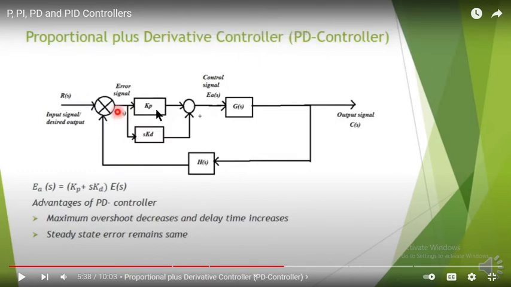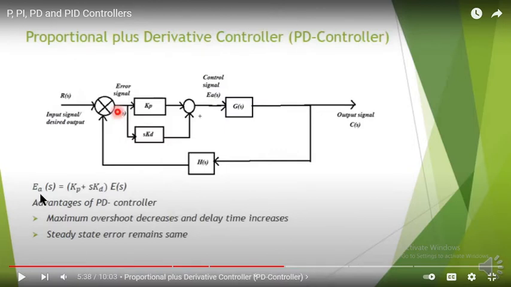Along with the proportional controller we add the derivative controller, whose transfer function is Kd. The error coming from the feedback loop is sent to the proportional plus derivative controller, and the output signal is the summation of the two, from the proportional controller and the derivative controller. Then this control signal is sent to the plant, and this process continues.